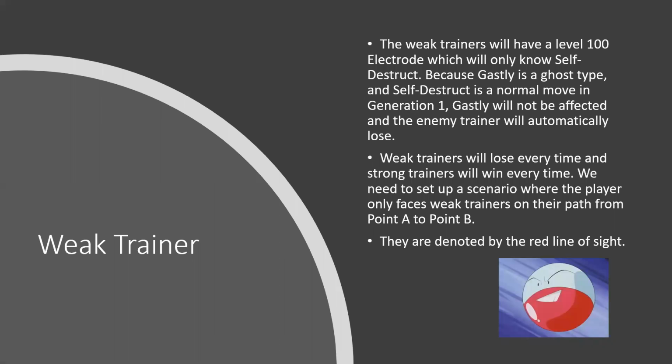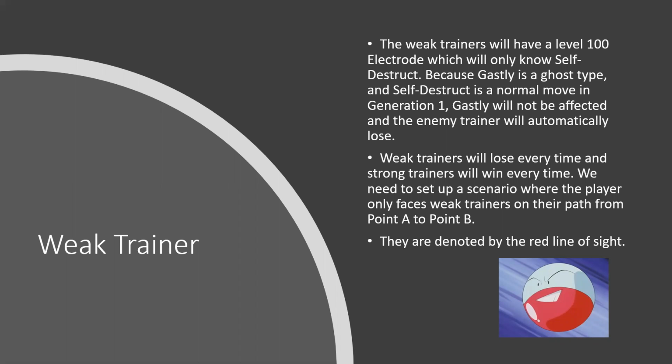Let's take a look at the weak trainer then. The weak trainer will have a level 100 Electrode, which will only know Self-Destruct. Because Ghastly is a Ghost-type Pokemon, and Self-Destruct is a normal move in the Generation 1 games Red, Blue, and Yellow, Ghastly will not be affected by Self-Destruct, and the enemy trainer will automatically lose.